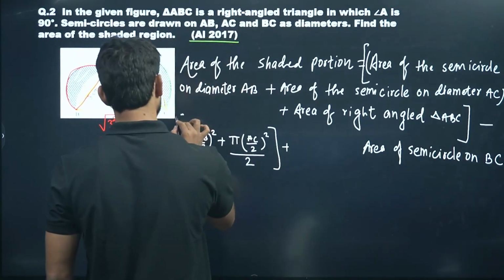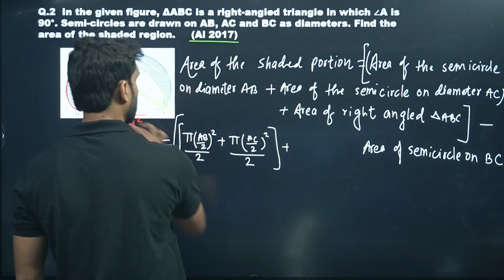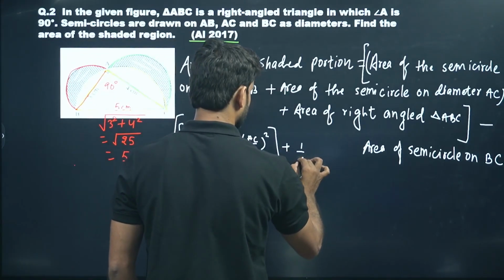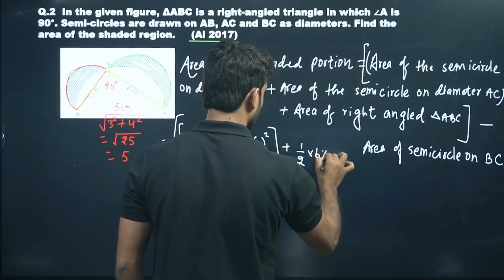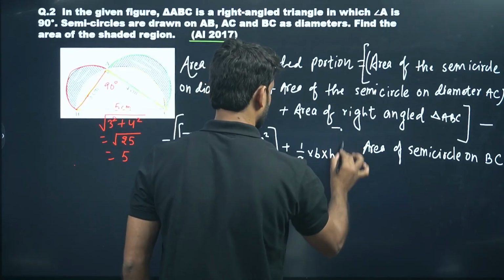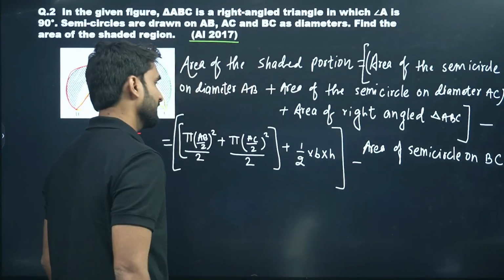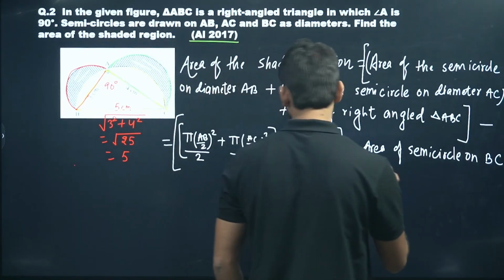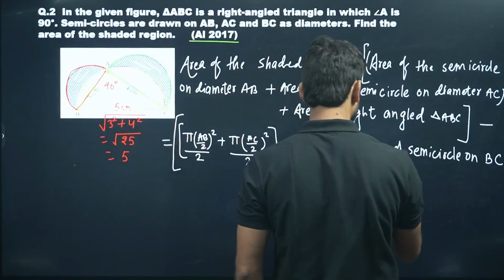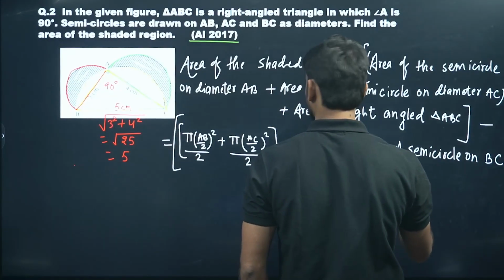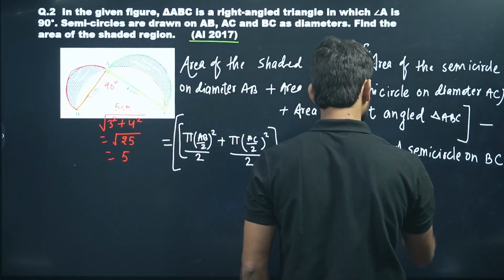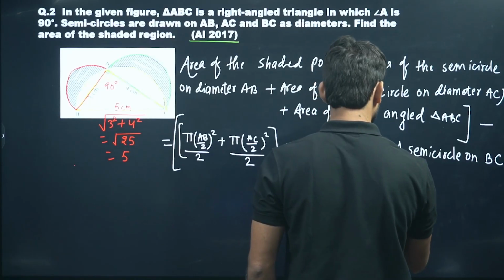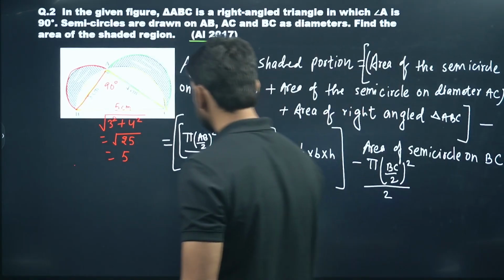Right? And plus again area of right angle triangle, half base into height, and I can put here under bracket. Minus area of semicircle, yellow color semicircle, BC semicircle, pi, and the radius will be BC by 2, pi r square, but semicircle so half.